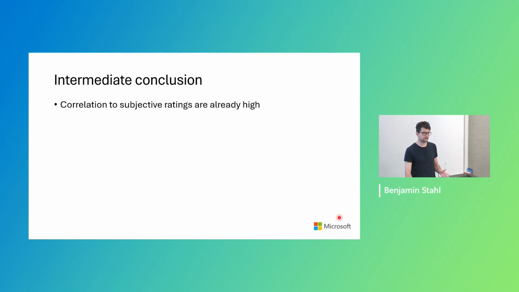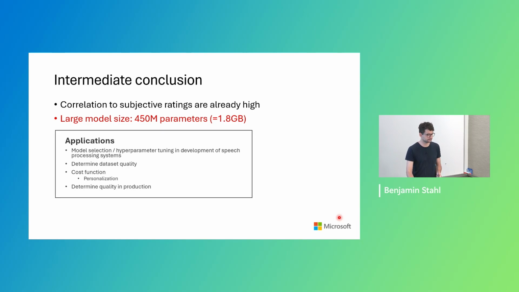So correlation to subjective ratings are now already high, but the model is quite large. Including the embedding model, it's 1.8 gigabytes.